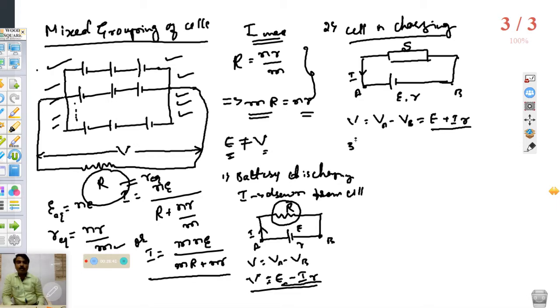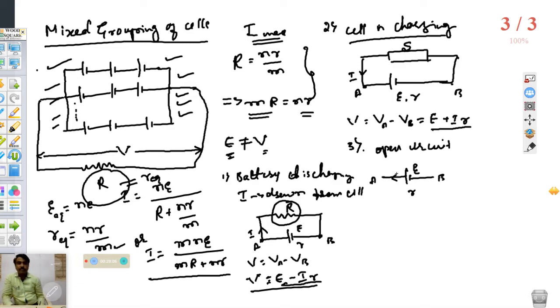In the third case, if the battery is in an open circuit, for example the battery is there with a certain EMF E and internal resistance r, and we don't have any external resistance connected.